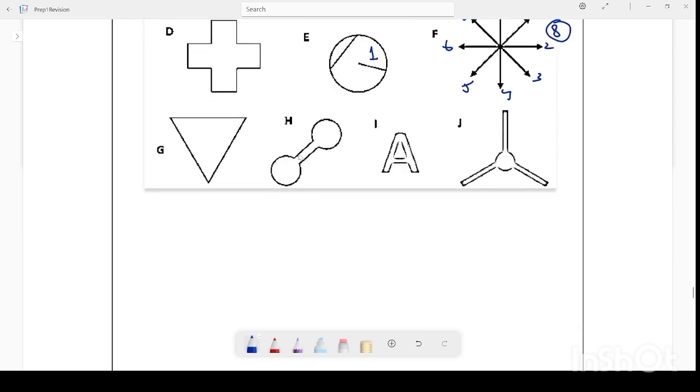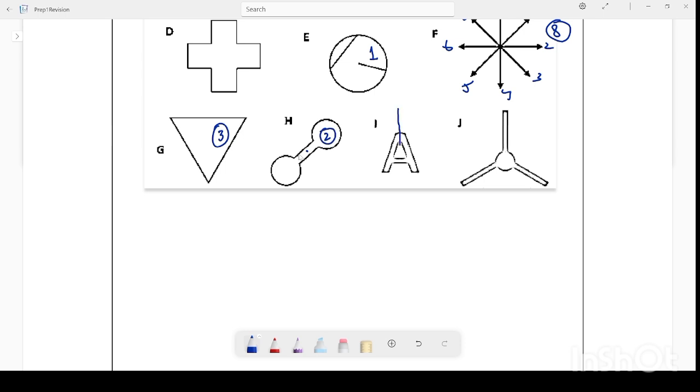Now this is a regular equilateral triangle. It has 3 sides, so its order of rotational symmetry is also 3. This is a regular dumbbell, and we can see that it is reflecting its shape on 2 sides. So that's why its order of rotational symmetry is 2.